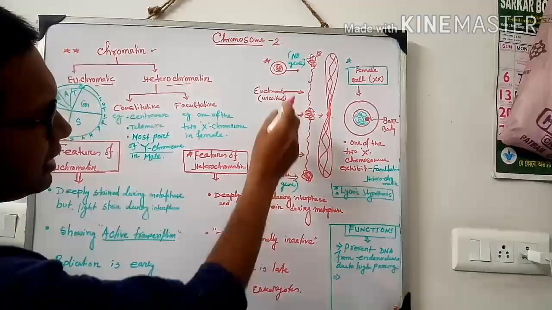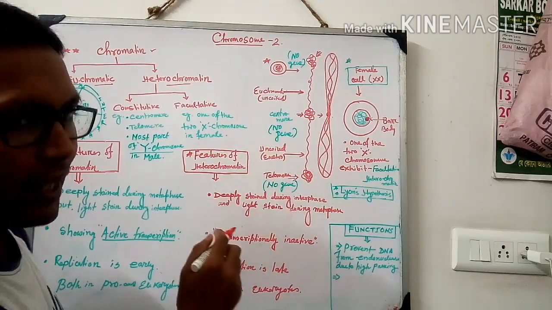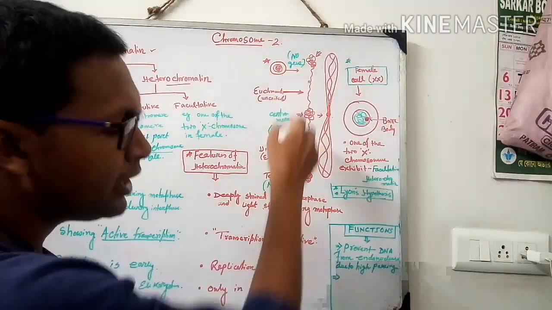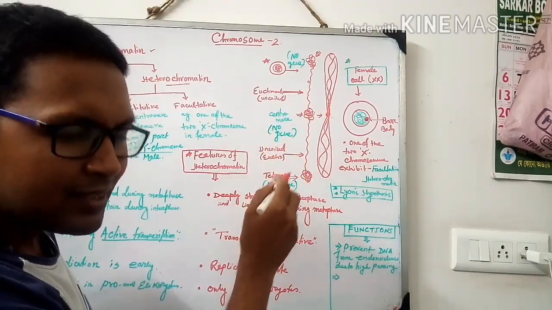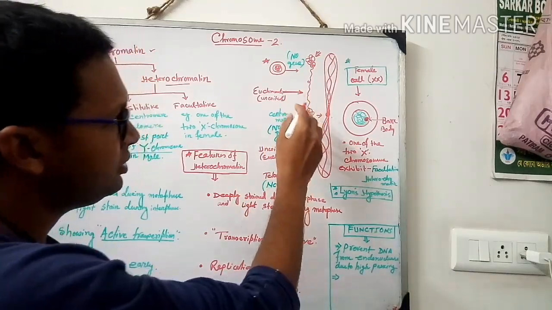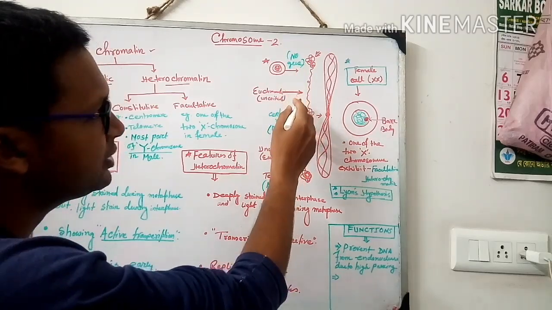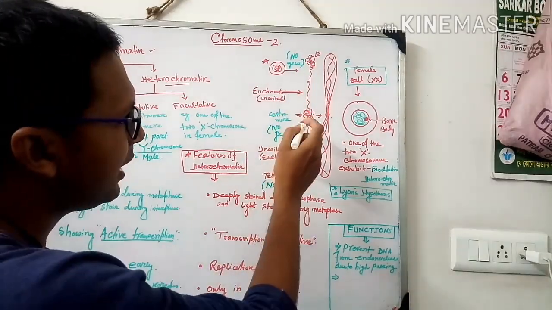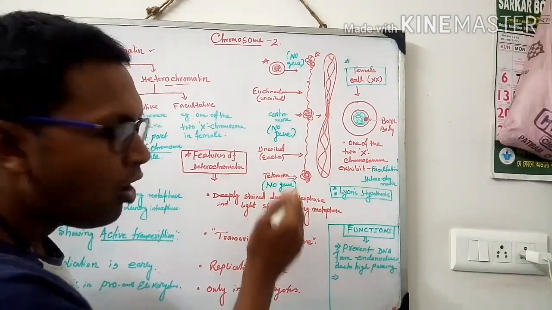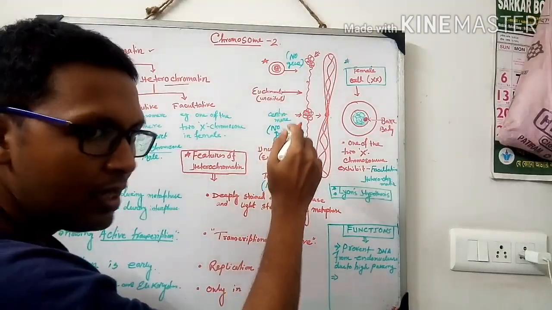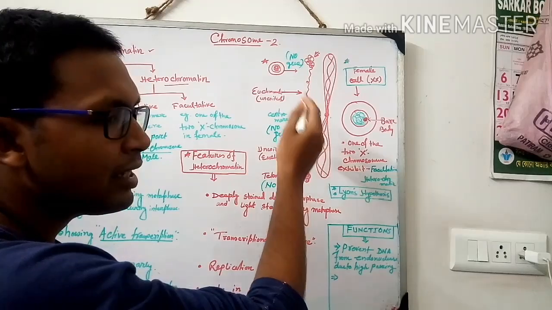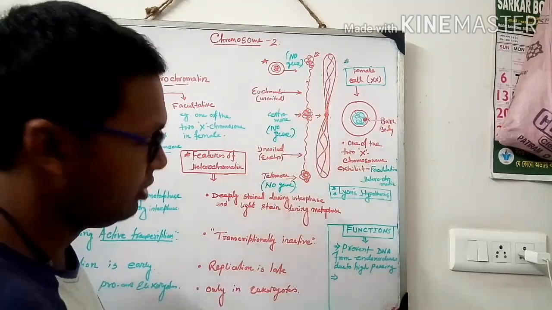The chromatin is not uniformly packed with the histone. Sometimes chromatin, that is DNA and histones, are highly packed, sometimes they are loosely packed, or during the cell cycle sometimes chromatin remains in an uncoiled state.